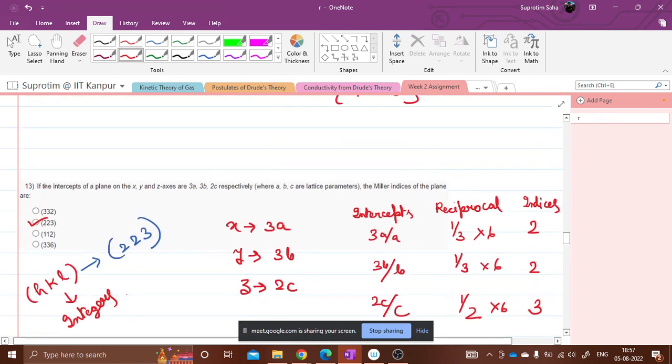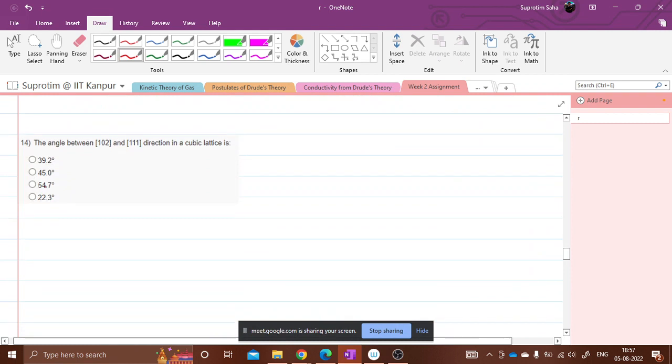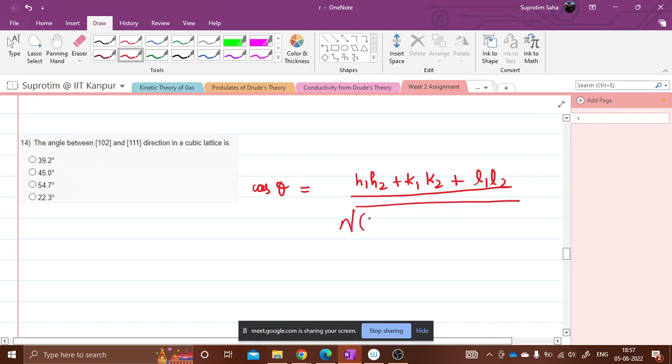And let's go to the next question. The angle between the 102 and 111 directions in a cubic lattice. So the formula that you have understood is cos theta equals (h1 h2 plus k1 k2 plus l1 l2) divided by the square root of (h1 squared plus k1 squared plus l1 squared) times (h2 squared plus k2 squared plus l2 squared).